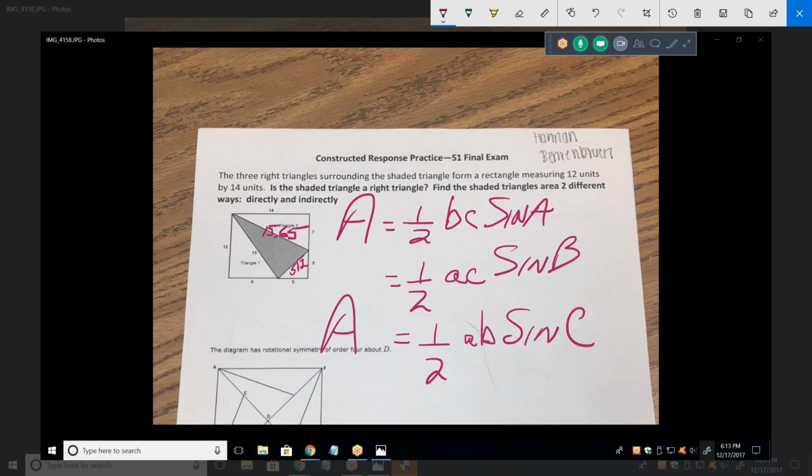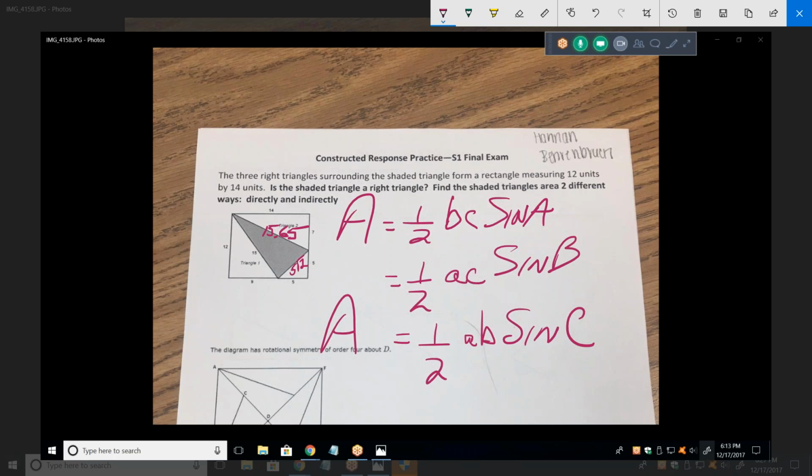Now, if we could use Hero or Heron, either one is correct, formula, it's the same formula, it gives you the area based on the three sides of the length, which we happen to have. So we could do it directly that way.